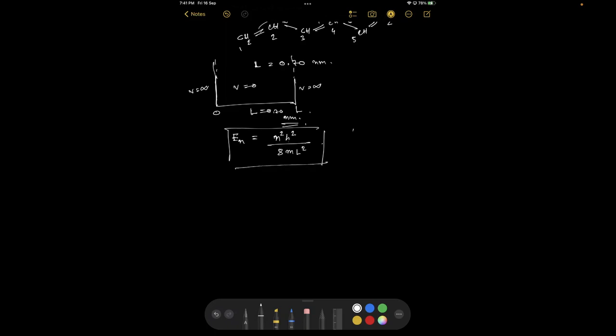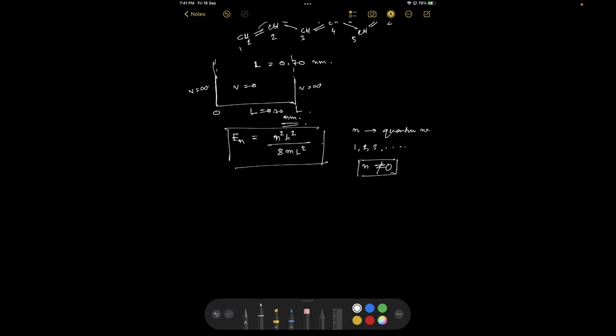Where n is the allowed quantum number. Now for the particle in a box problem, the allowed quantum number is 1, 2, 3, etc. The n equal to 0 is not possible because of the uncertainty principle.